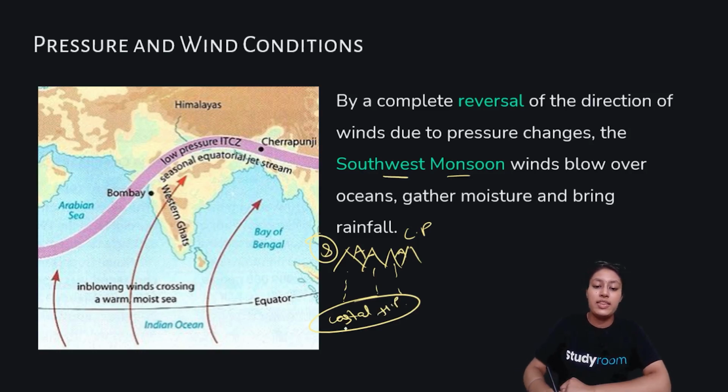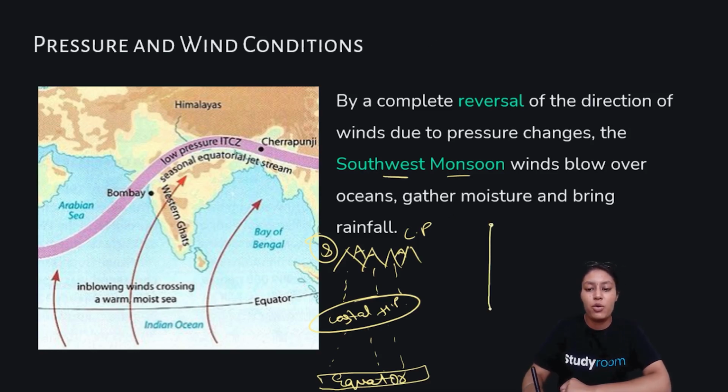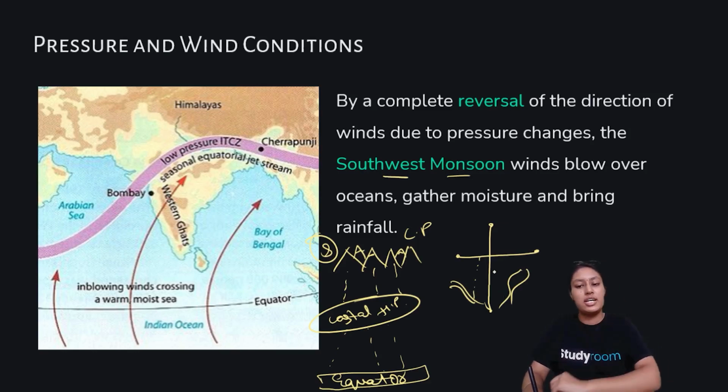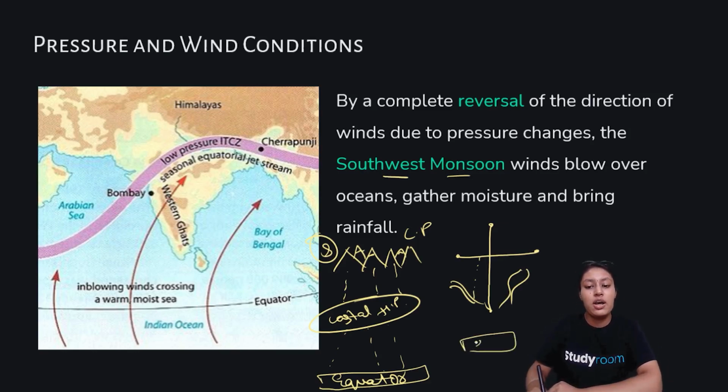Now when they release high pressure, the wind moves towards the equator. So this is the equator, and the shape of India is somewhat like this. Which means the water is here, the water is here. Now the wind moves towards the sea and goes down to the equator.